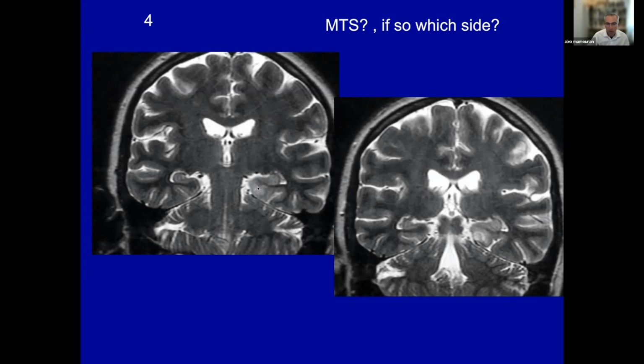The important thing is not to get too caught up in this idea that every patient with a clinical history consistent with temporal lobe origin, and electrical studies that support that, always has mesial temporal sclerosis. This is a patient who has a ganglioglioma.